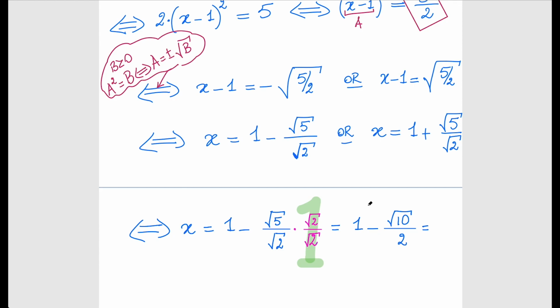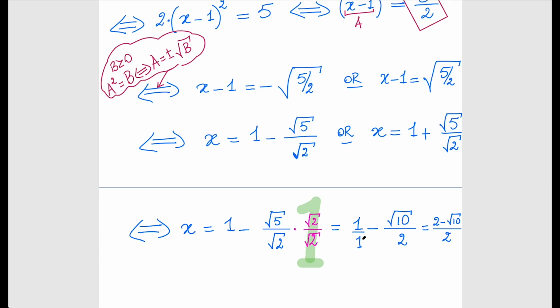And if you take the same denominator now, which is 2, you're going to multiply 1 by 2, so you're going to get 2 minus square root of 10 divided by 2. Agree with me? So you take the same denominator. What's the common denominator between 1 and 2? It's 2, correct?